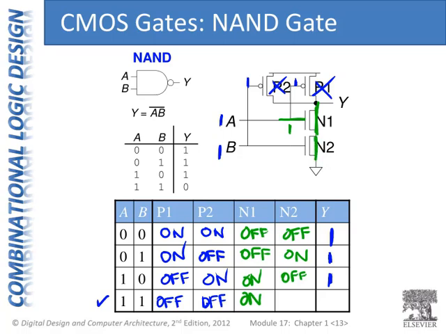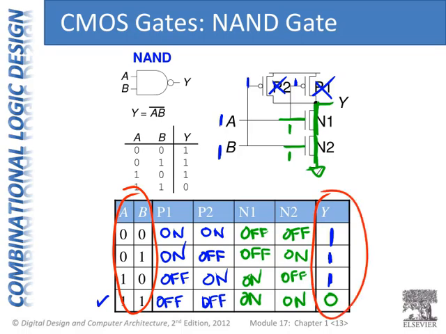And N2 is on because it has a 1 on its gate. And so we get the output Y tied to ground. So Y is pulled down to 0. So now we can observe that, yes, in fact, this transistor-level gate indeed performs the NAND function exactly as we expected.